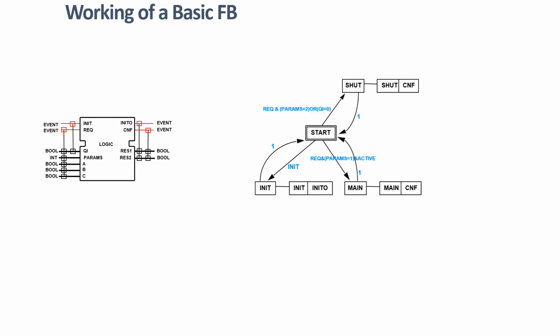So in case QI is equal to true or 1, that is interpreted as the function block being initialized, and if the event init arrives and QI is equal to false or 0, then it can be interpreted as a deinitialization.